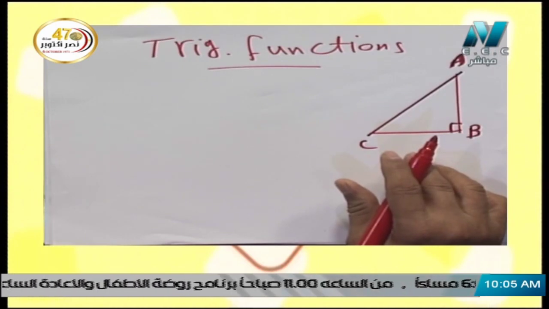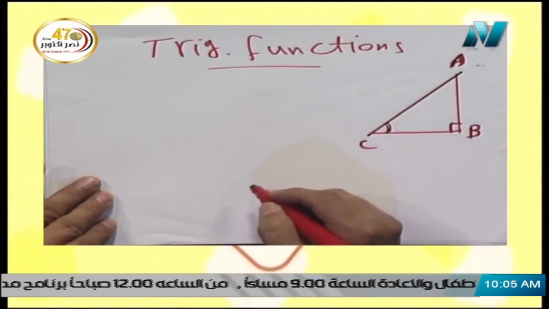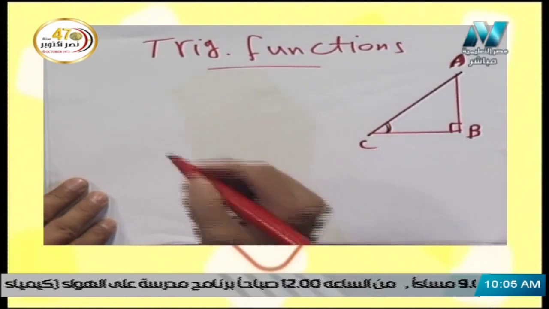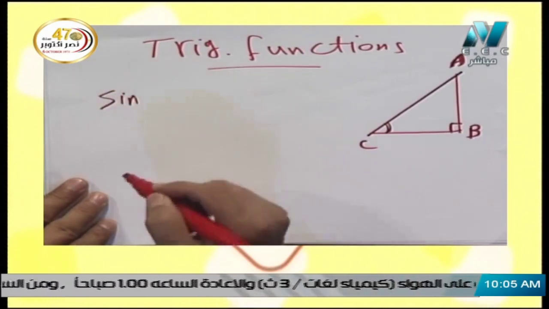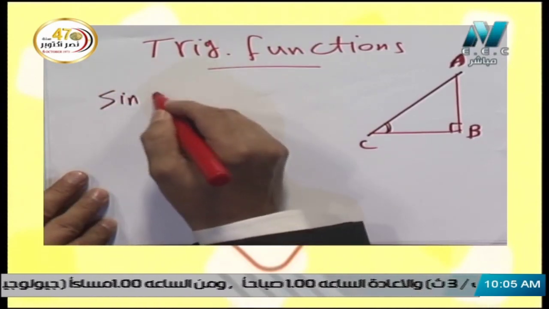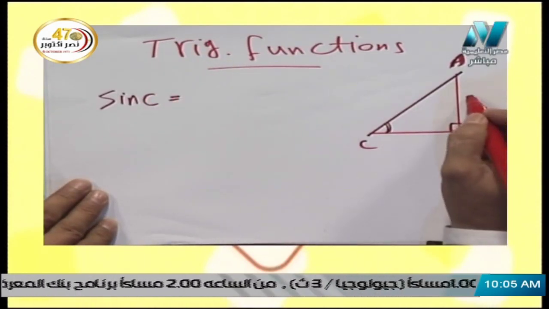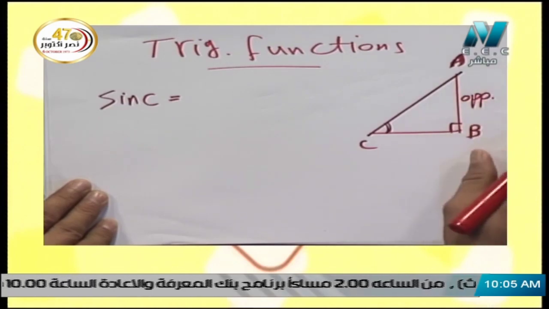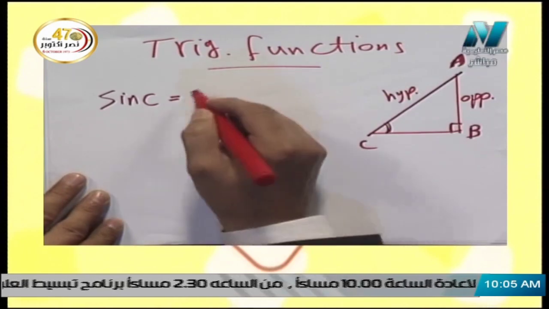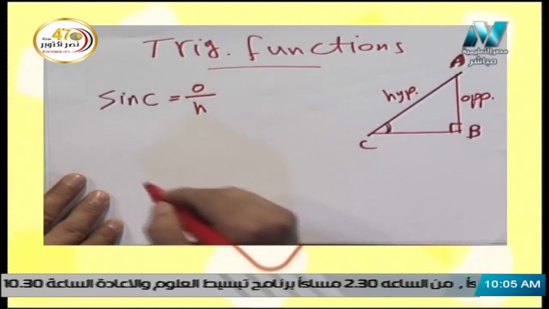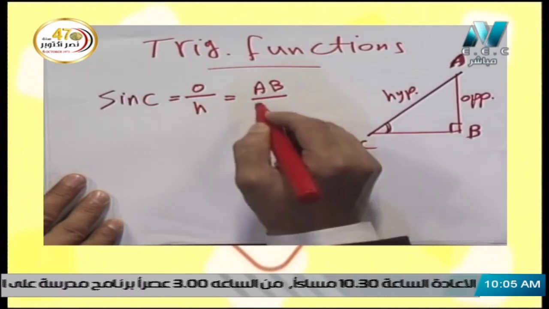From our previous studying, we know that if you are concerned with the angle C, then the first function is sine C. Sine C is the opposite over the hypotenuse, which is AB over AC.